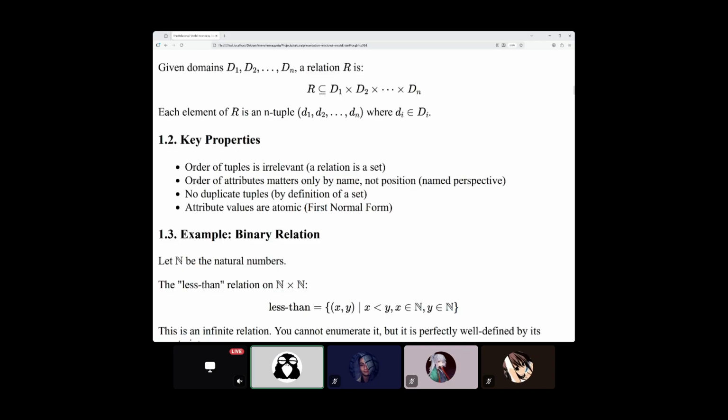The relation is a set. The order of the attributes matters only by name, not by position. I already mentioned this. No duplicate tuples, by definition of a set. Attribute values are atomic, so first normal form. What does it mean to be atomic? Here it is very important, because that does not mean that D is a set, right? It's a domain. We could make this with another relation too, so you could have a relation derived out of another relation.